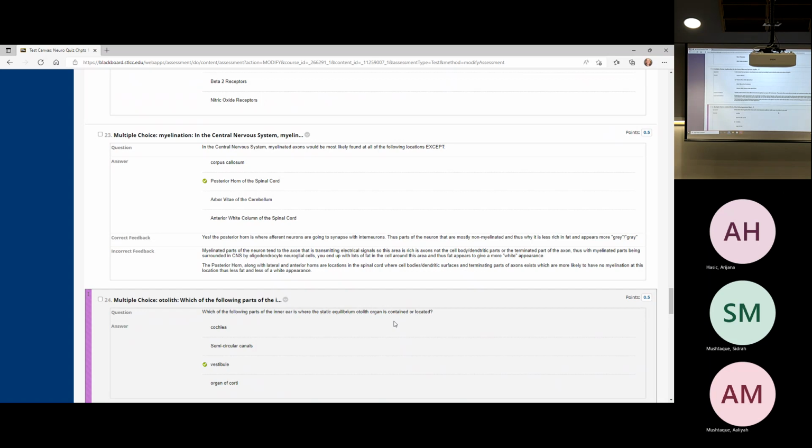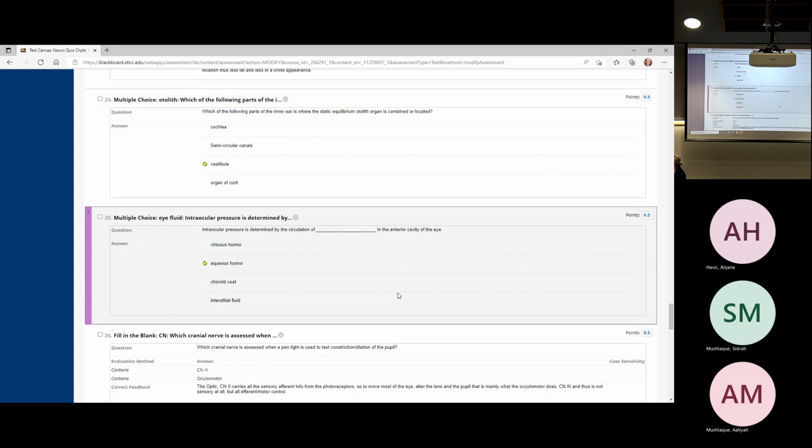Is the arbor vitae white or gray matter? White. So, which of these is not white? The posterior horn. What is the posterior horn? The afferent sensory neuron is ending, and some interneuron's little one-eyed monster dendritic head is starting. All right, so synapses are occurring there for sensory information.